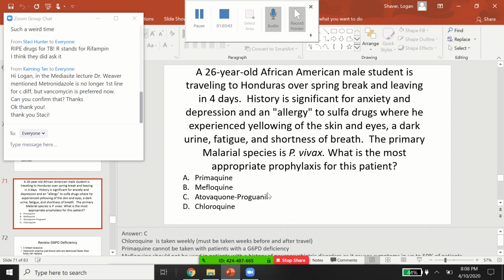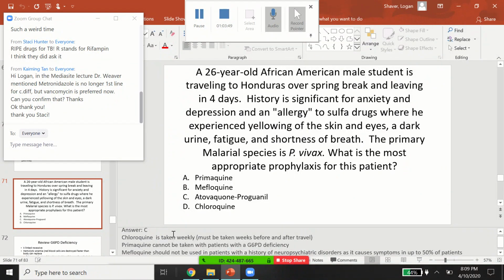So the answer in this case would be C. And the reason is because I actually have them all listed down here. So chloroquine, right? It's one of those drugs that must be taken quite a bit of time before and after travel. So it's not going to be the kind of drug that you would give for somebody doing a last minute trip.